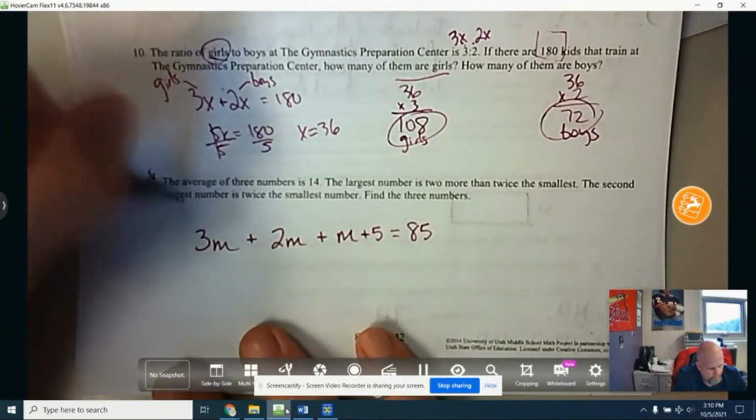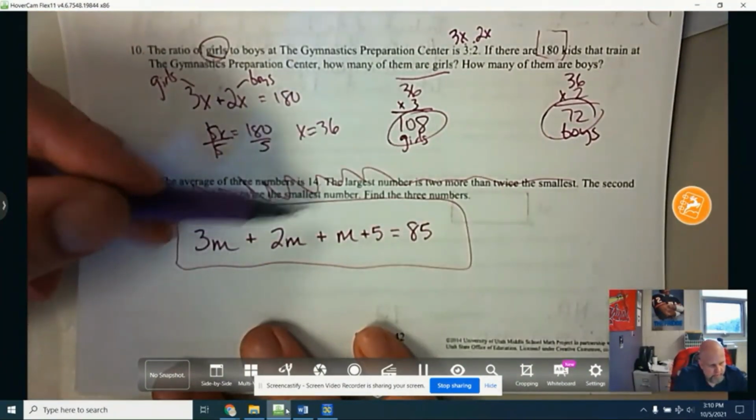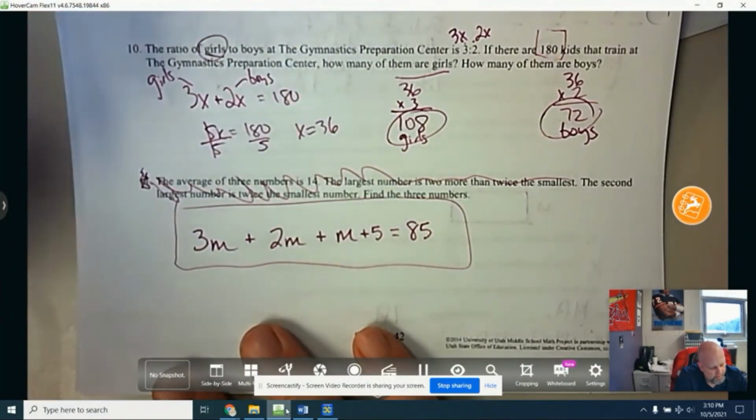So again, I'm not worried about this problem here, but I'm giving you this equation right here. 3m plus 2m plus m plus 5 equals 85.